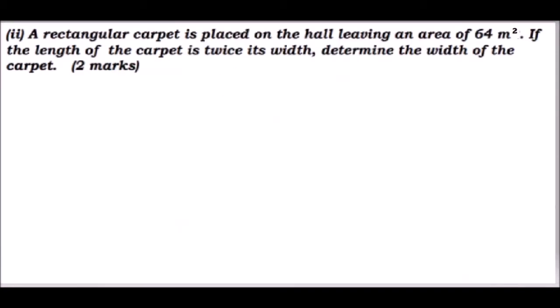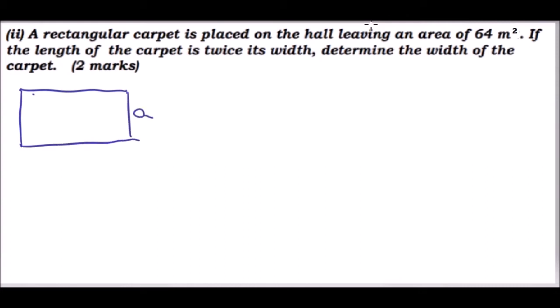Roman number part 2, we are told a rectangular carpet is placed on the hall, leaving an area of 64 meters squared. If the length of the carpet is twice the width, determine the width of the carpet. So we can make a sketch here to guide us on how to go about it. So if this is the carpet, then we can say that is our length.